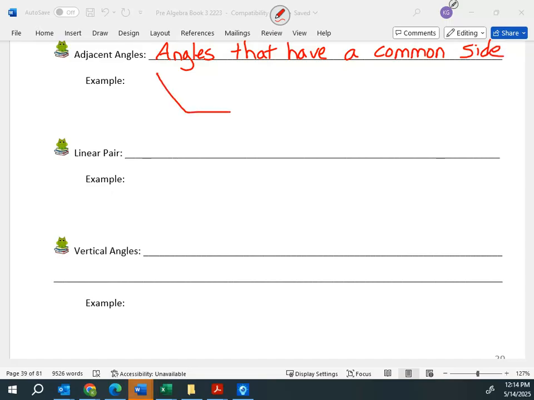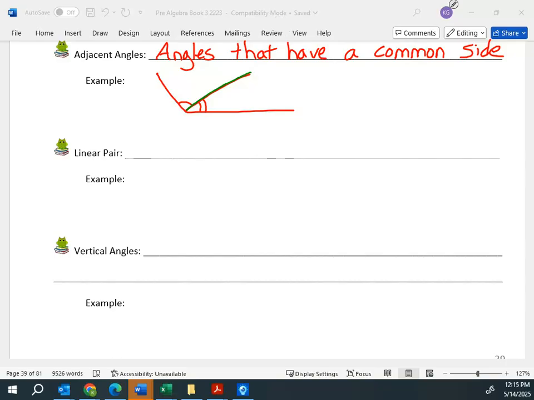So when we have something like that, these two angles would be adjacent because they share a side. So when they share a side, they are adjacent. They don't have to be a right angle or a straight line. Doesn't have to be complementary, supplementary. They just have to share a side. They have to be right next to each other. So adjacent means right next to each other.